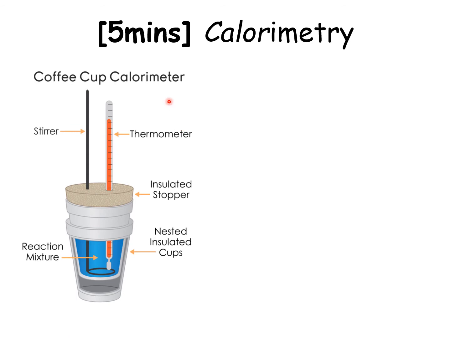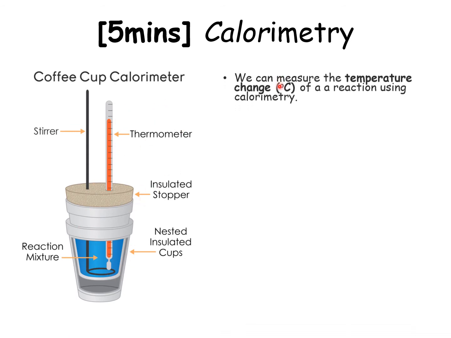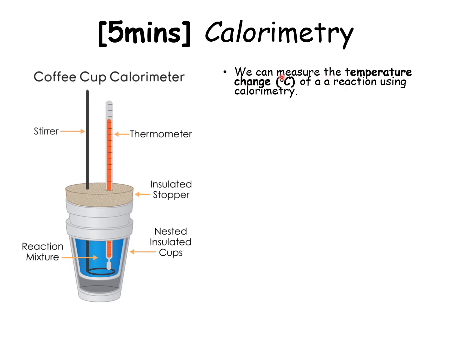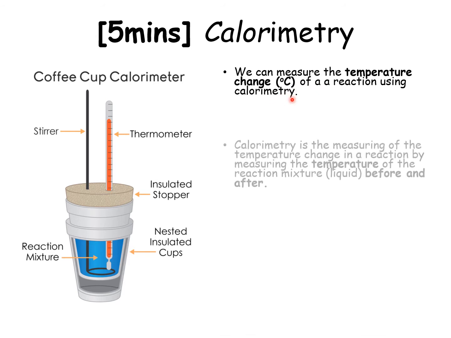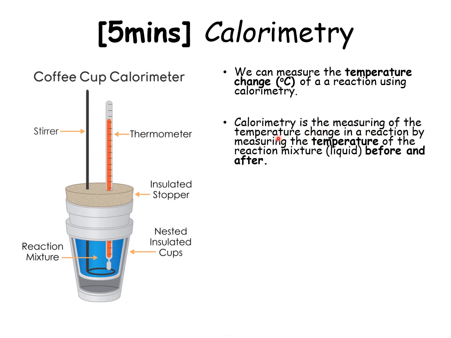So we use a calorimeter, and this is a calorimeter here in Onyx. And just as a recap, we can measure the temperature change in degrees Celsius of a reaction using calorimetry. Calorimetry is the measuring of the temperature change in a reaction, and we measure the temperature of the reaction mixture before and after.